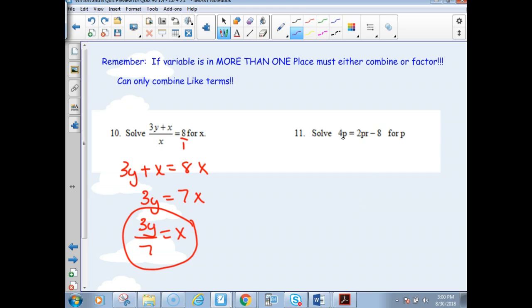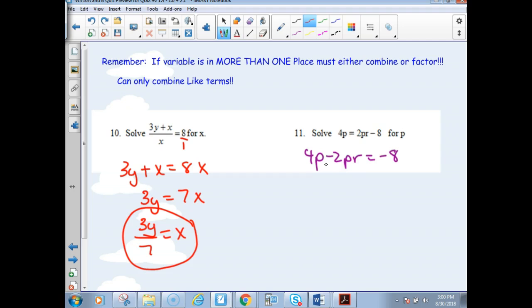In number 11, I've got to get my p's together because I'm solving for p. So I'm going to subtract 2pr from both sides. All right, now I've got to factor out a p because it's attached to those two pieces. I can't combine these because they're not like terms.